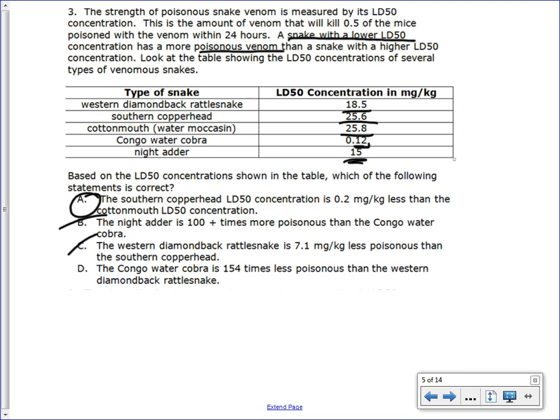And then the last one, the Congo water cobra, is 154 times less poisonous. Well, the Congo water cobra is the most poisonous snake on this list because of its low LD50. And remember, it said a snake with a lower LD50 has a more poisonous venom than a snake with a higher. So the answer to this problem was A.